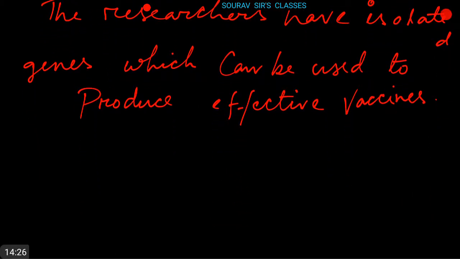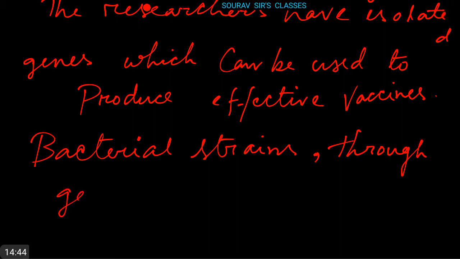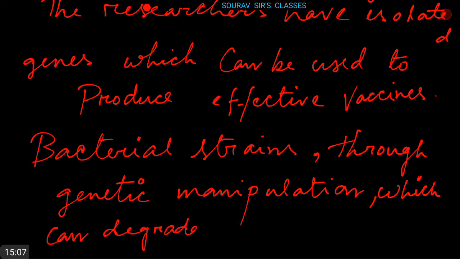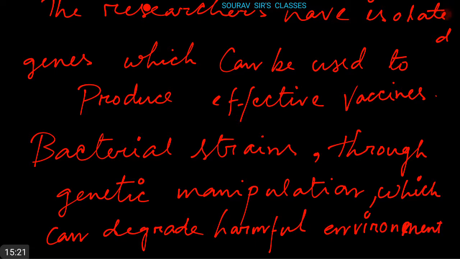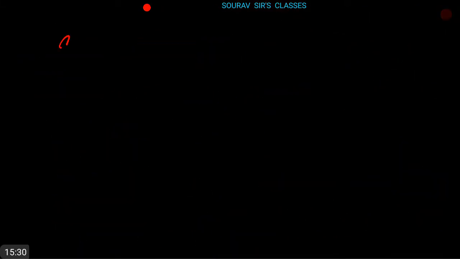Researchers have also developed bacterial strains through genetic manipulation which can degrade harmful environmental pollutants.